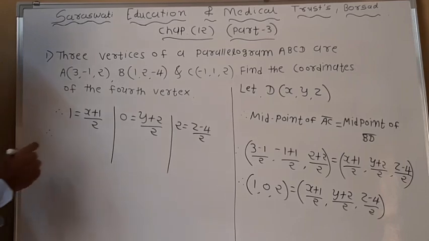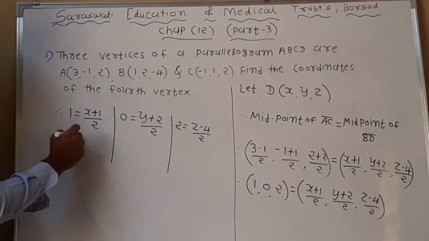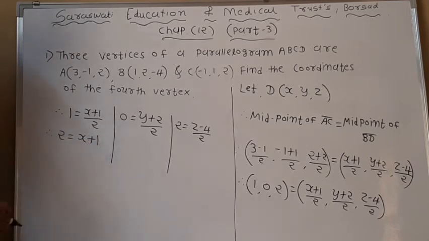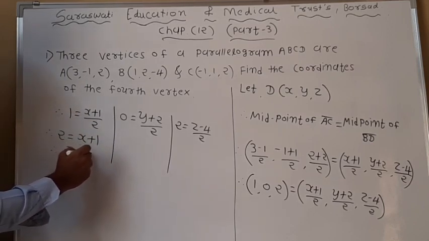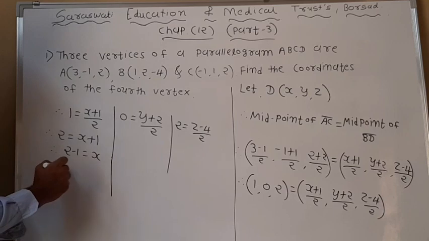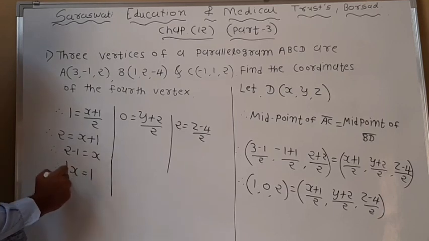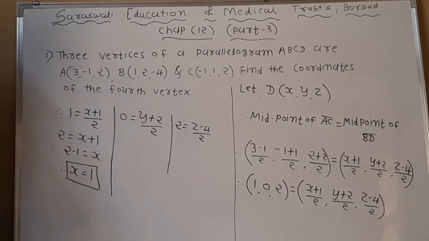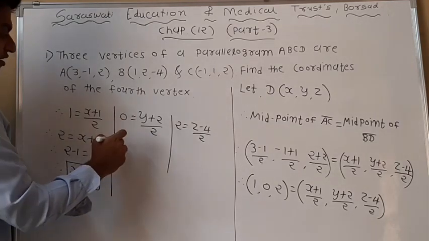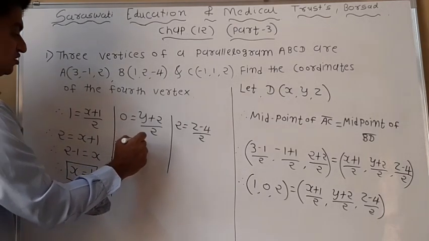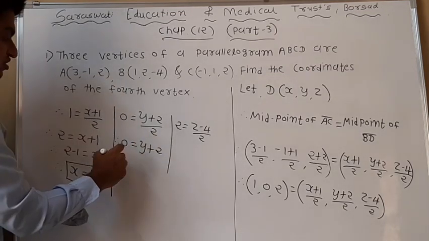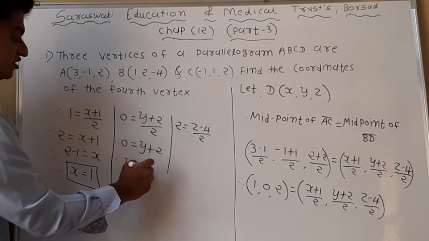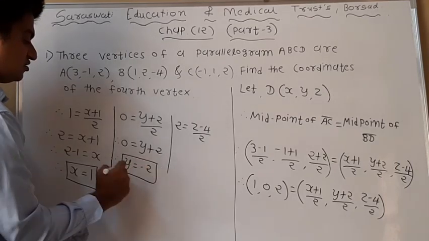2 multiplied by 1, so 2 is equal to x plus 1. Now write 1 on the opposite side, so 2 minus 1 is equal to x. So we get x is equal to 1. Same way, 2 multiplied by 0, so 0 is equal to y plus 2. Write 2 on the opposite side, so y is equal to minus 2.